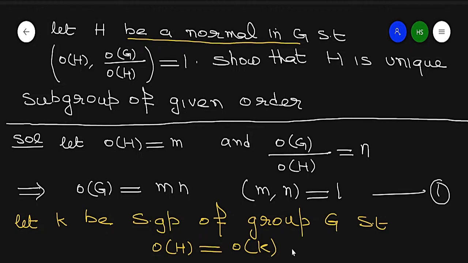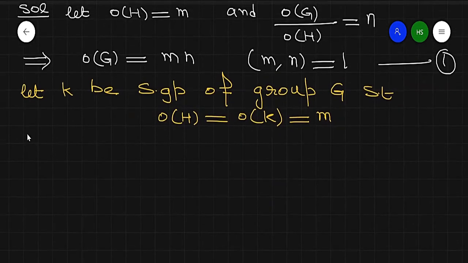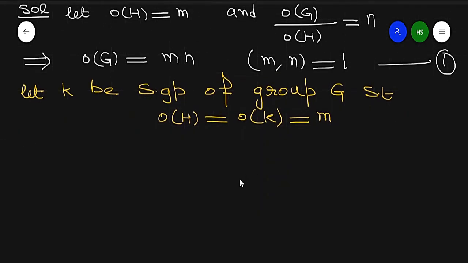Since its order is M, the order of K is M. So I will prove the uniqueness of H by proving that H is equal to K.